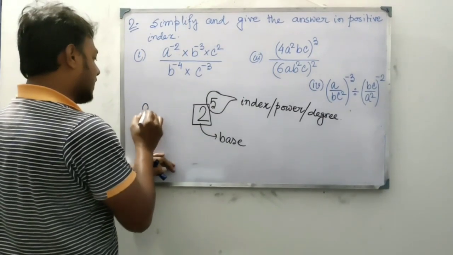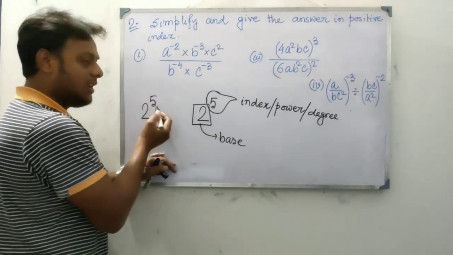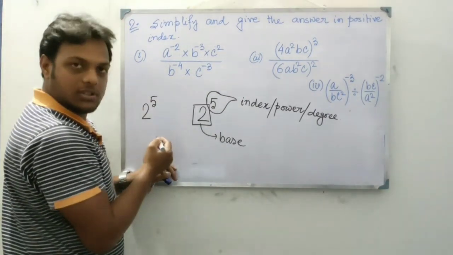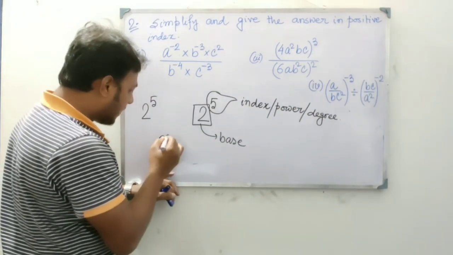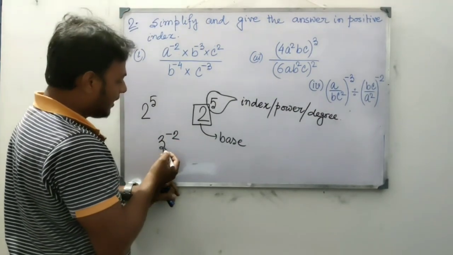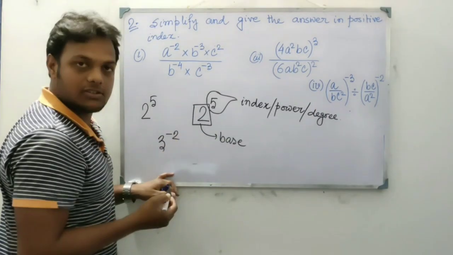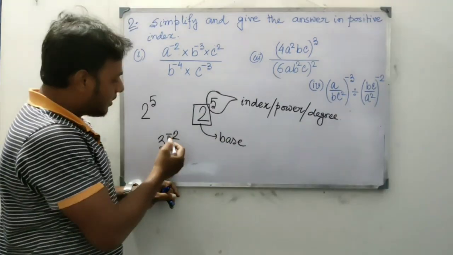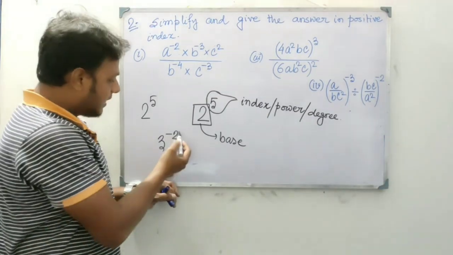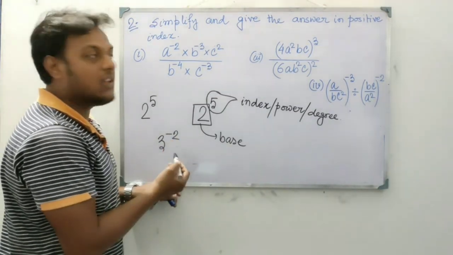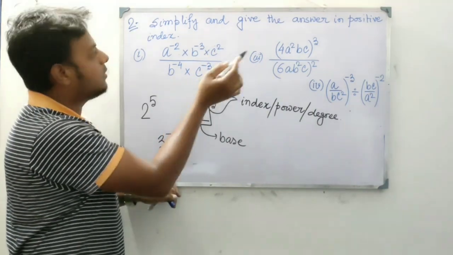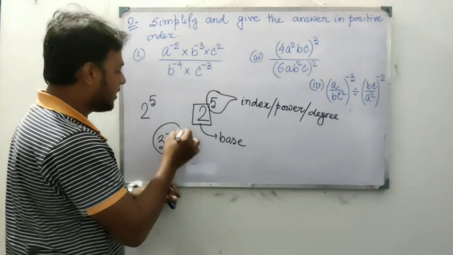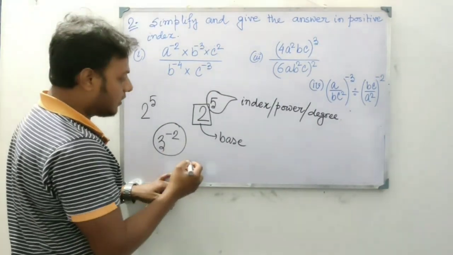Suppose in 2 to the power 5 the index is 5, and 5 is positive, but if you consider 3 to the power minus 2, then here the base is 3 and the index is minus 2. So you have to convert the power minus 2. Since here the index is negative, you have to give the answer in positive index. So how can we convert?